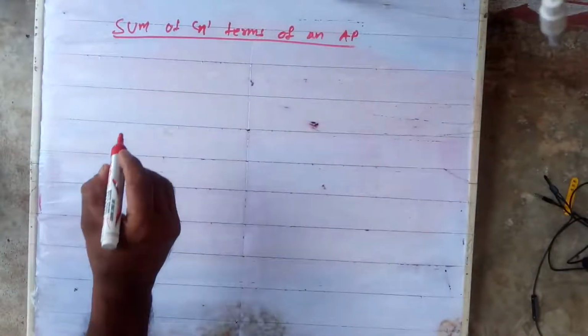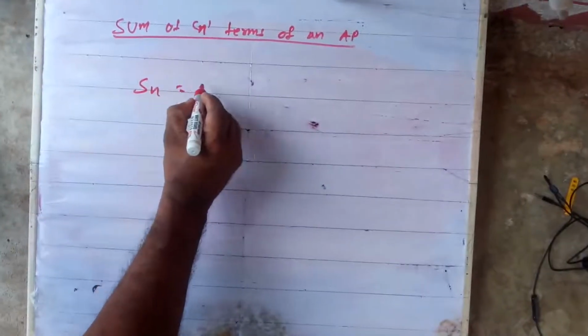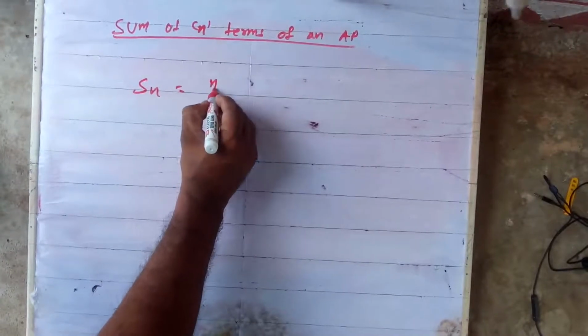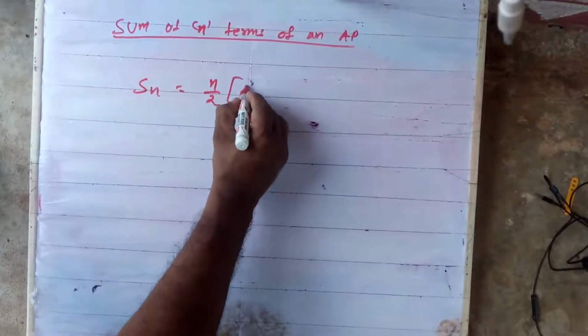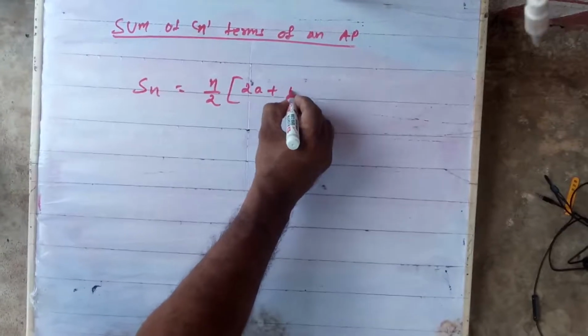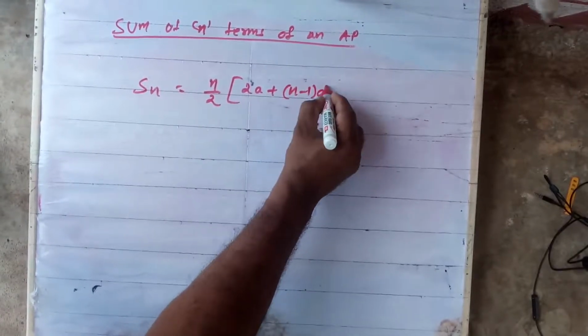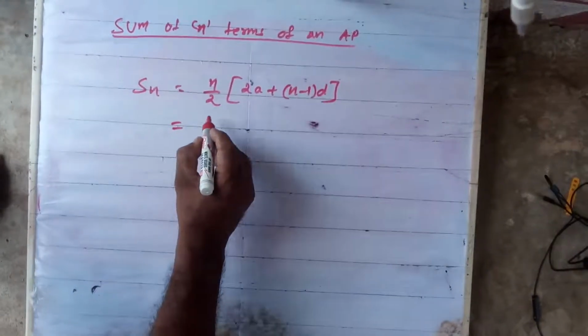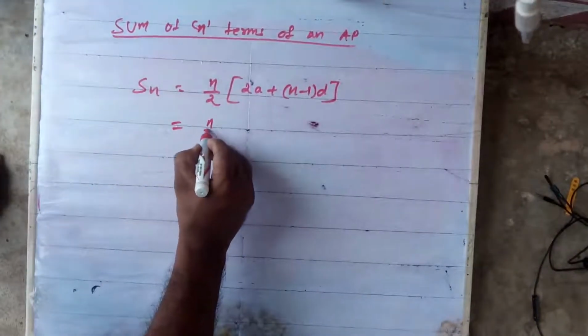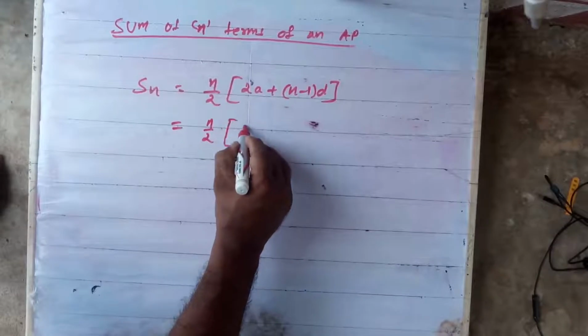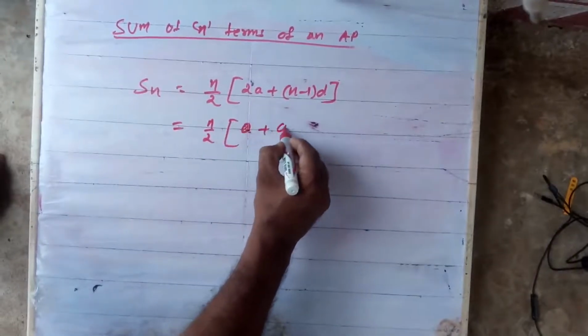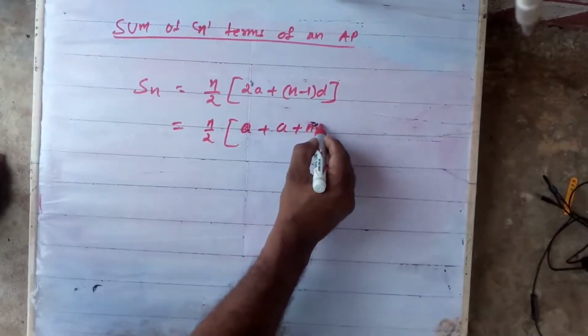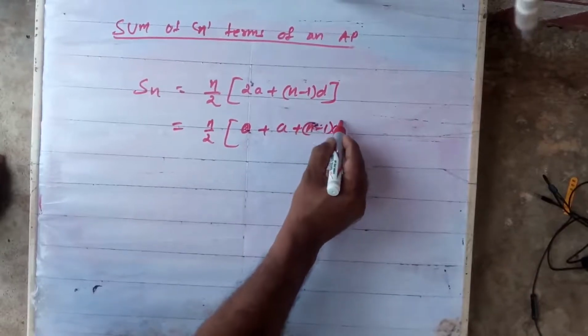Sum of n terms of an AP, the Sn formula we got from the derivation, that is n by 2 into 2a plus n minus 1 into d. Yes? Now n by 2 as usual, I'll write this 2a as a plus a.